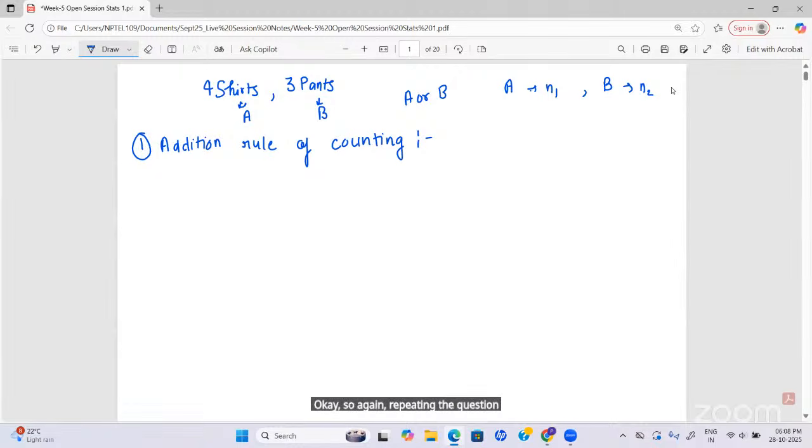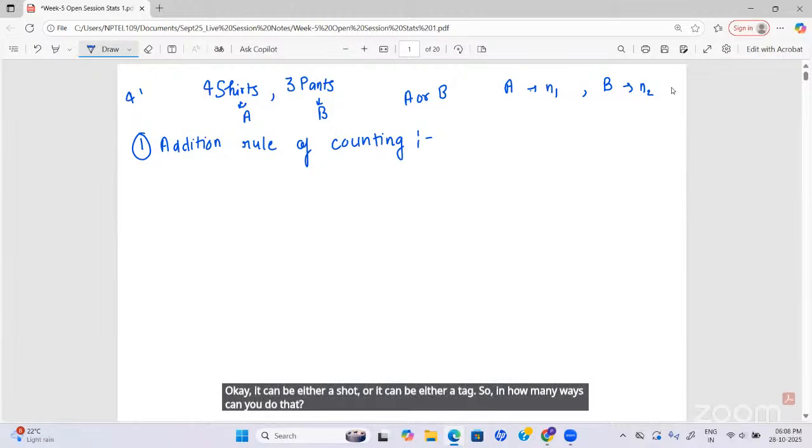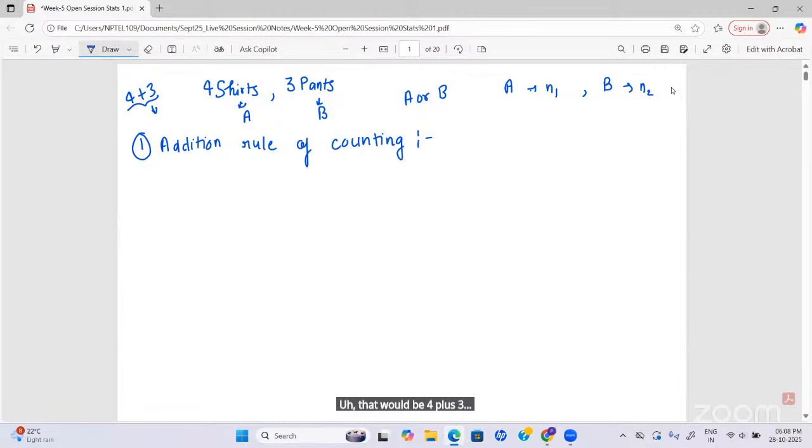You have 4 shirts in total and 3 pants, so in total you have 4 plus 3 objects. From these you have to select one thing, either a shirt or a pant. That would be 4 plus 3, 7 ways.